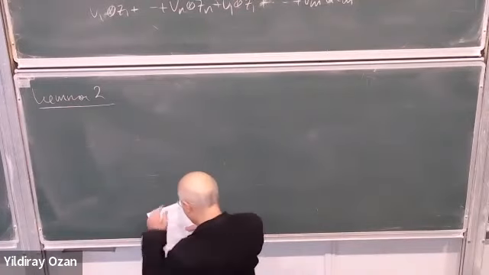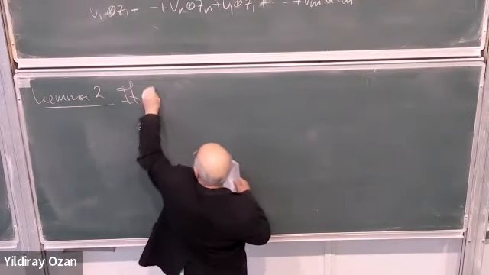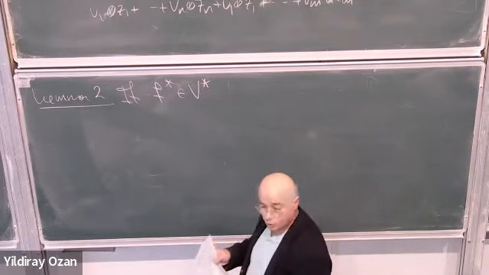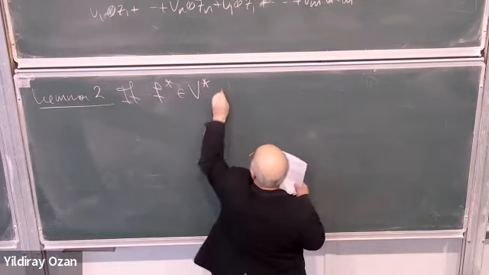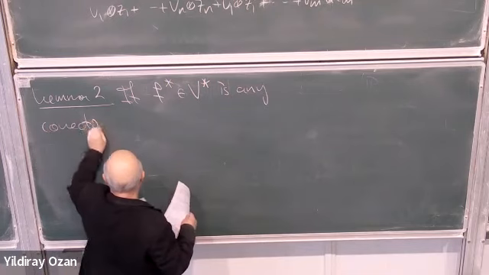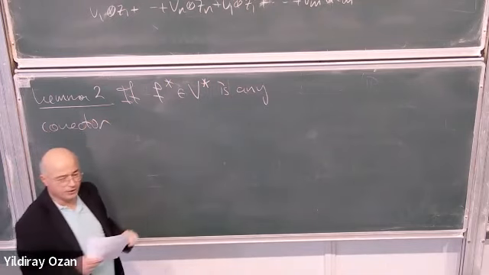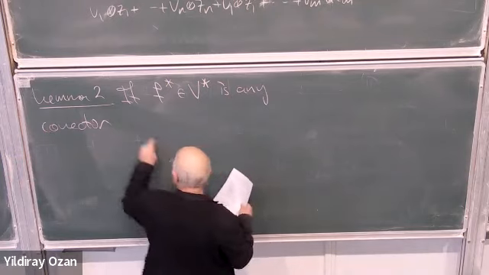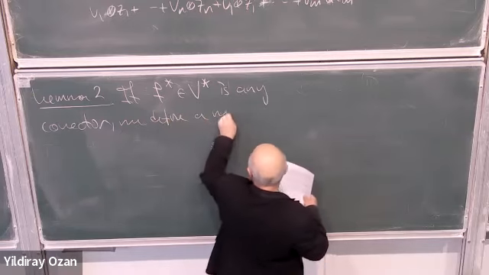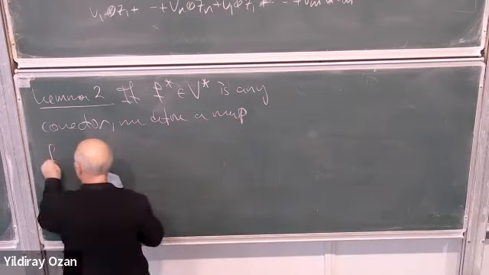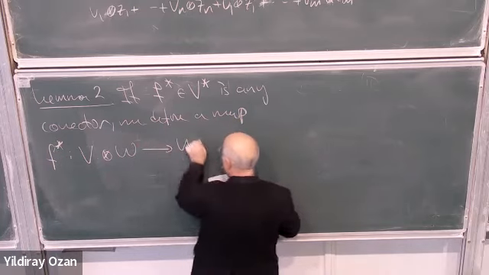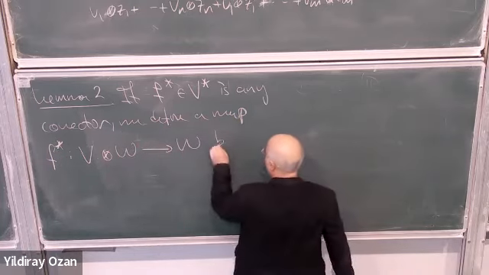Okay, now what is Lemma 2? Lemma 2 is the following. If F star is an element in the dual vector space of V, a covector, then define a map F star from V tensor W into W by the formula.